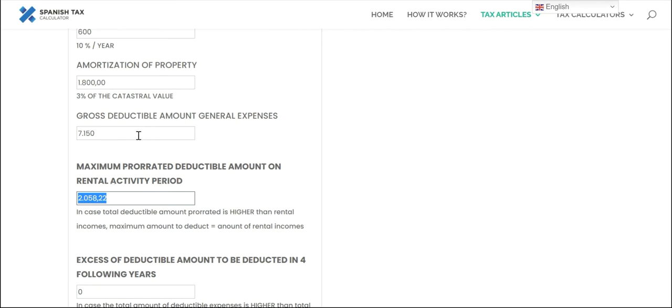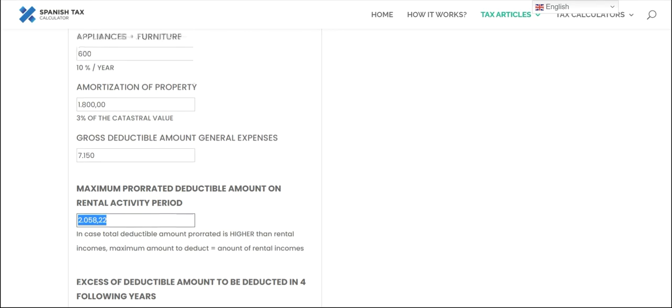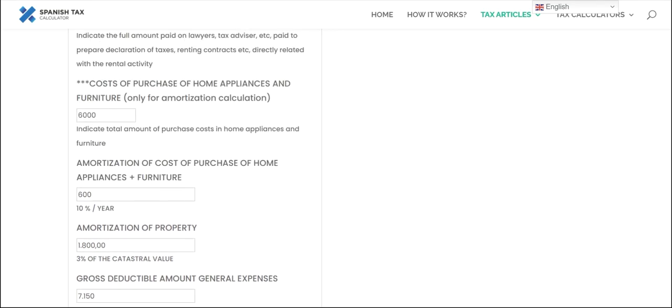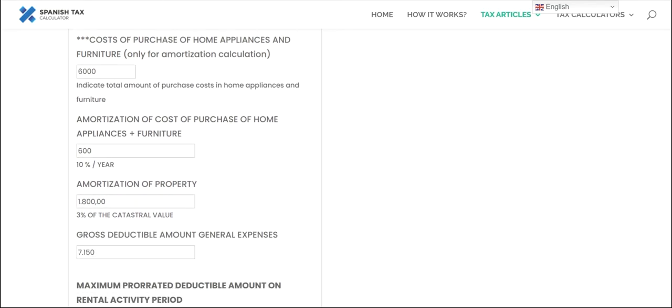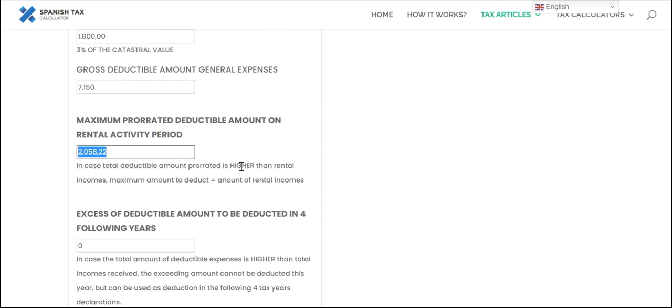There are some things that have been taken into account to create this formula. For example, the professional expenses go 100%, and the others go by amortization. It's a complicated formula, so don't make this calculation simply by prorating per 100 days, because you will not get this result. It is slightly more complicated.